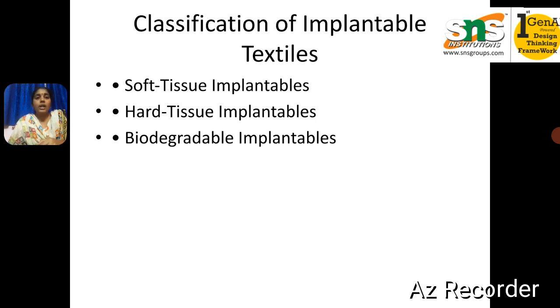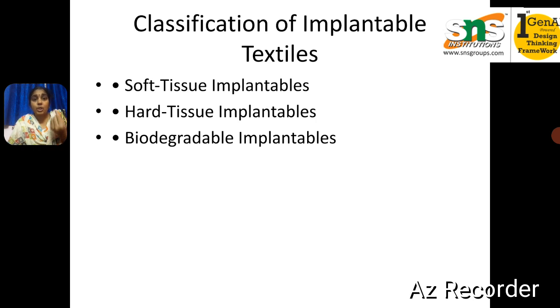Second one is hard tissue implantable, that is in our joints, our knees and our ankles, where there are hard tissues. To support those hard tissues, we can use this one. Third one is biodegradable. If we use biodegradable implantables, they will be absorbed by our body itself.